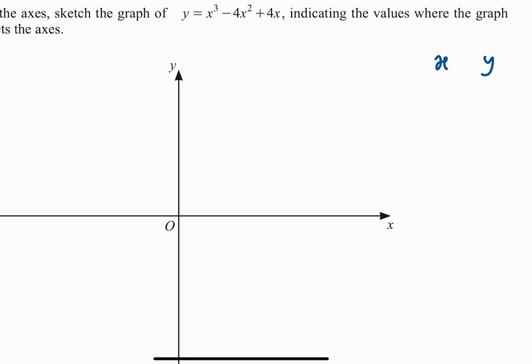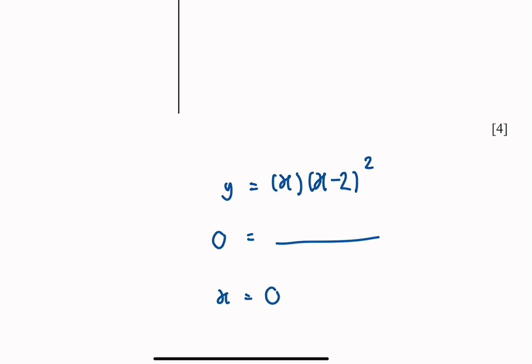And therefore, if x is equal to 0, y will equal 0. This one. If y is equal to 0, x will be 0 and 2.